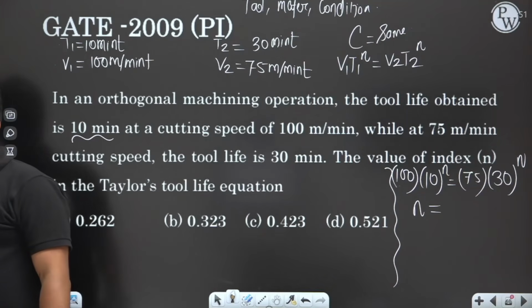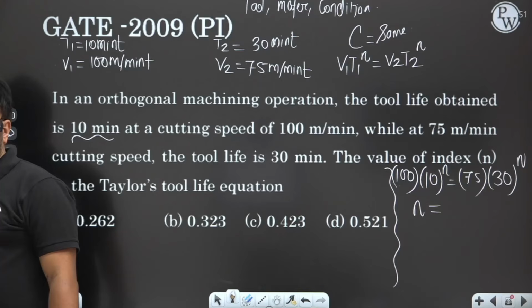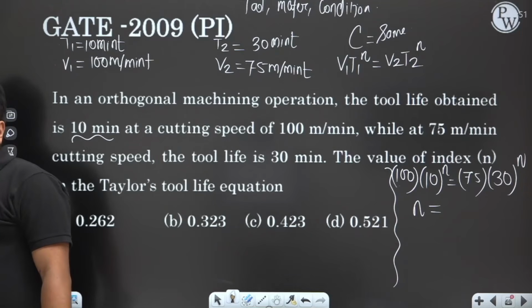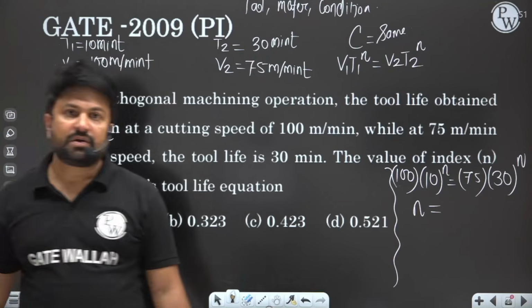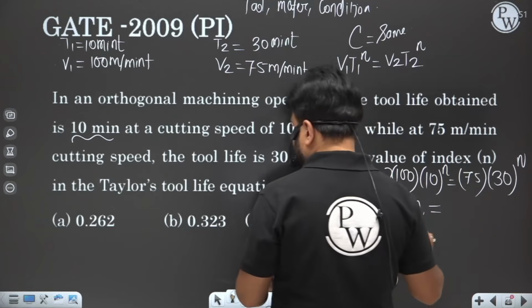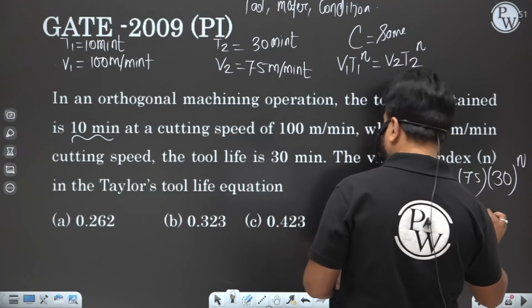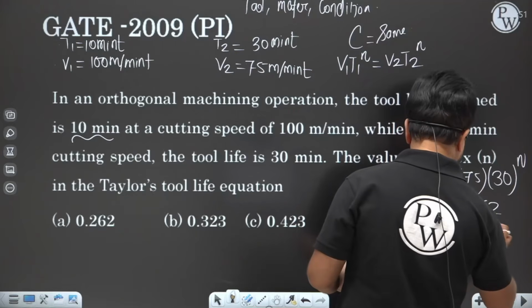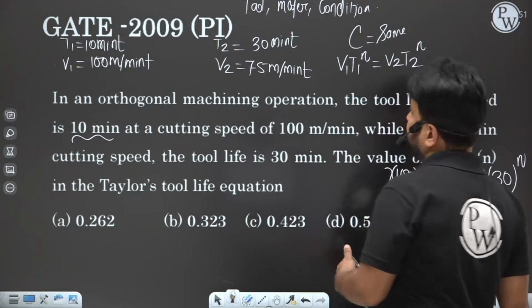Once you solve it, you will get the exact value of n. Now I'm going to solve this equation. So the value of n will be 0.262. This is the value of n, right?